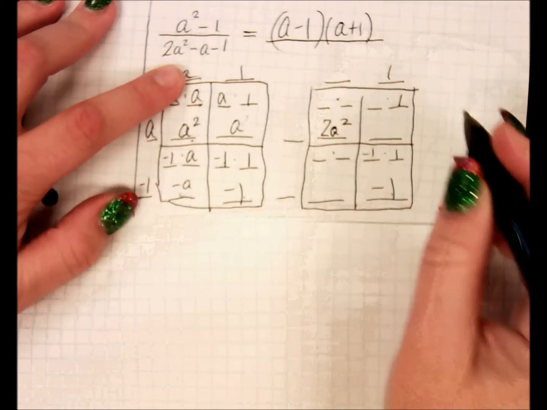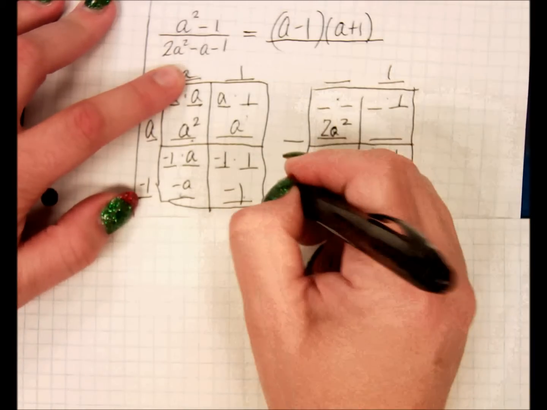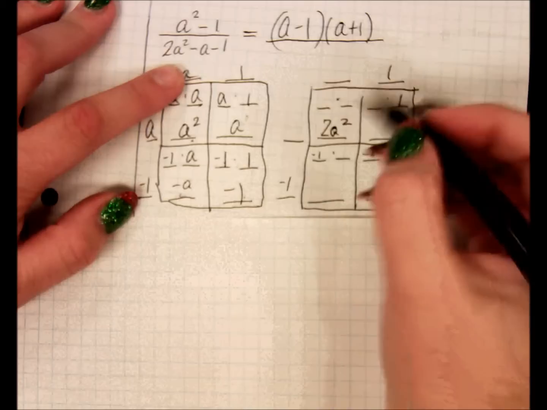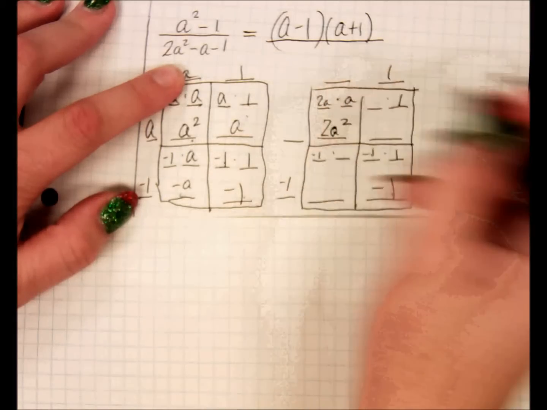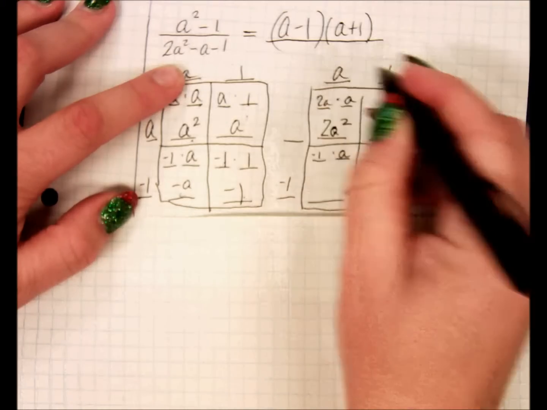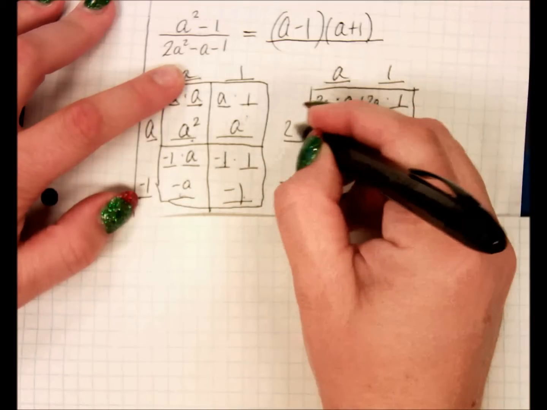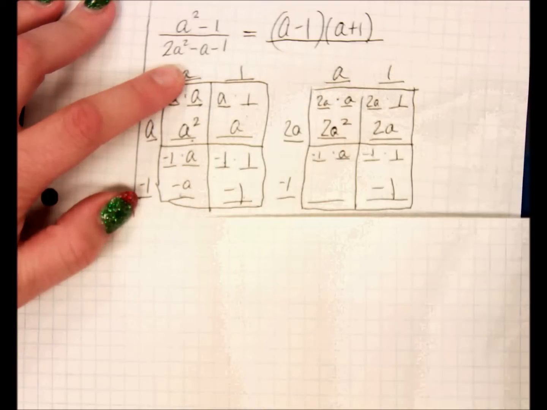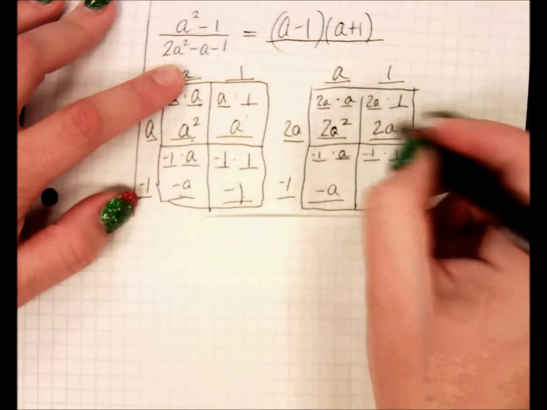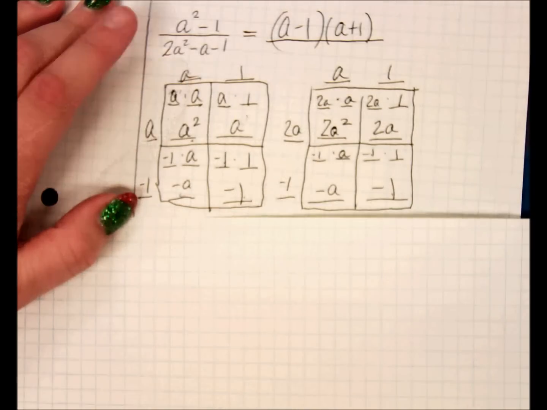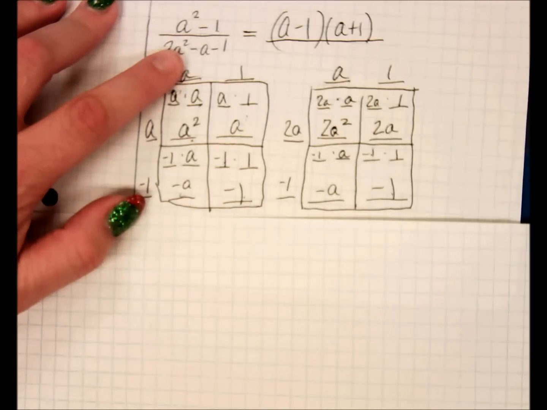Make that my 1, and make my negative 1 go here. To get 2a squared, there's several ways, but probably the most used way that you'll see is just 2a times a. So again, if we keep our columns and our rows going in the same direction, this would be the 2a and that would be the a. Now what we need to see is, does that work out for what we wanted? Here we get minus a, here we get 2a. Now when I subtract those, 2 minus 1, I get a positive a, and I needed a negative a.